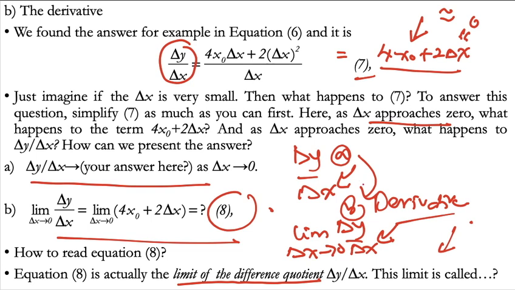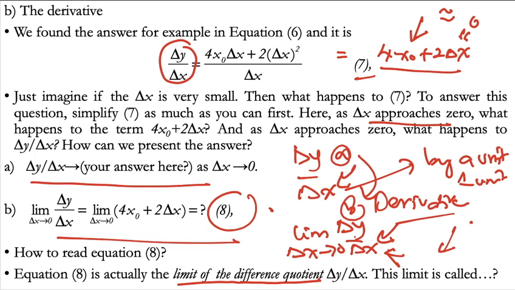Here, the change in x in A, I'm talking about A, the difference quotient, we don't make it approach 0. The change in x here is by 1 unit. But here, in B, the derivative, the change in x is very, very small. It's even smaller than a unit.